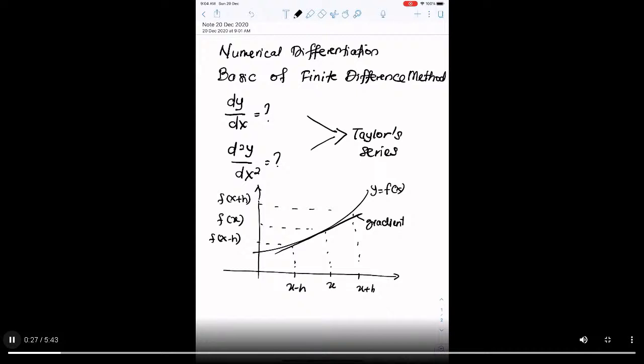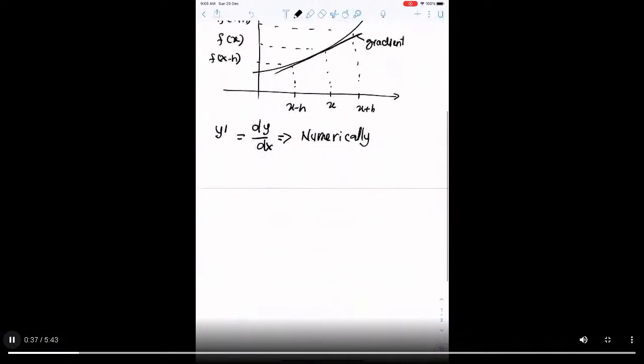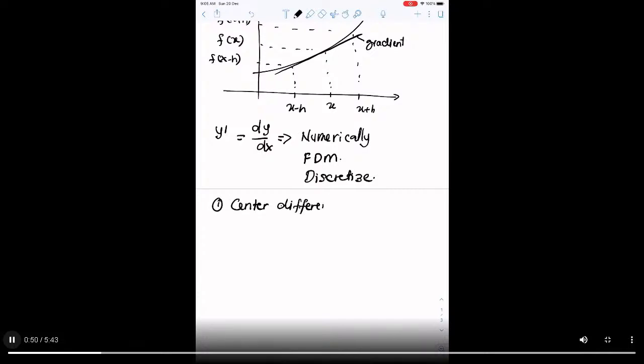In this case, we apply dy over dx, which comes from the first order differentiation. We create it using the numerical method based on the Taylor series. Or the process we can assume as the finite difference method. And the way we discretize, we call it discretization.